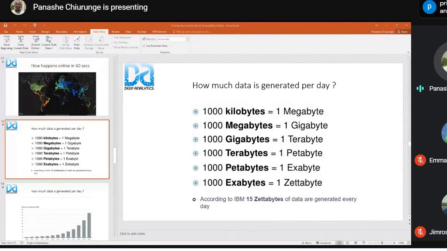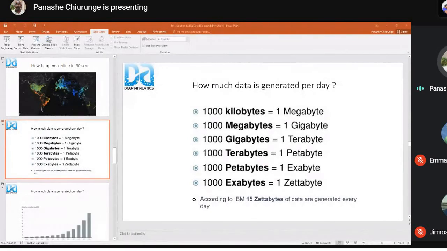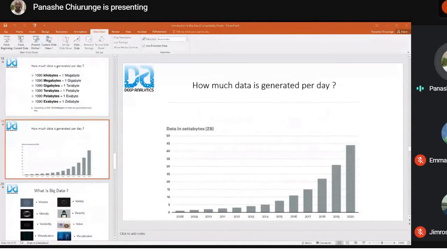So we generate 50 zettabytes of data every day. So this has to be updated. This is what it looks like from 2008 up to 2020. So 2020 is now on 50 zettabytes of data.